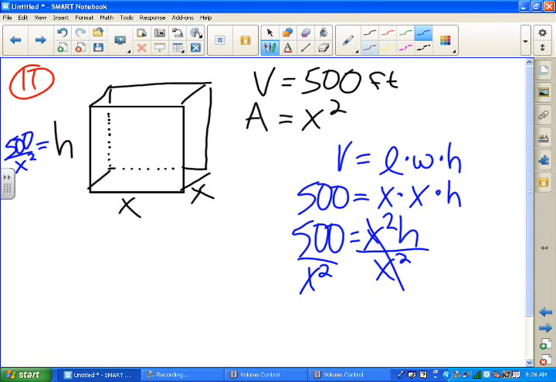So I need to find the smallest surface area of this box so that it will contain 500 cubic feet of whatever it's going to contain, probably some sort of liquid. So essentially I need to write an equation for the surface area. There are pre-formulated equations you could write out, but we could also go through step by step and write down what we need.